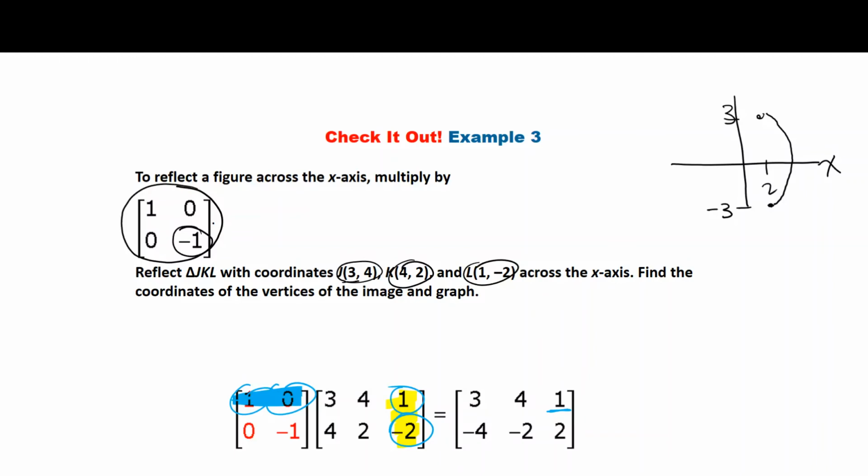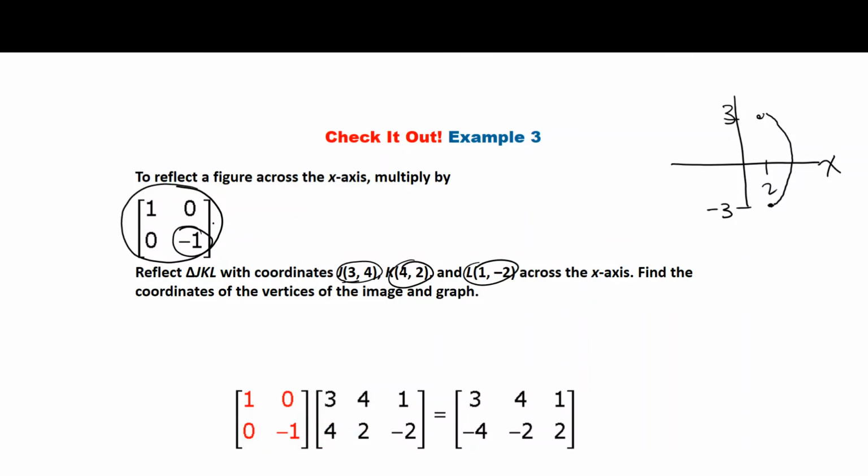And then we would do the same thing to get our y-coordinates. Second row, first column, 0 times 3 plus negative 1 times 4 gives us a negative 4.